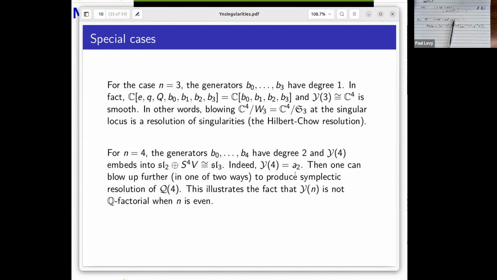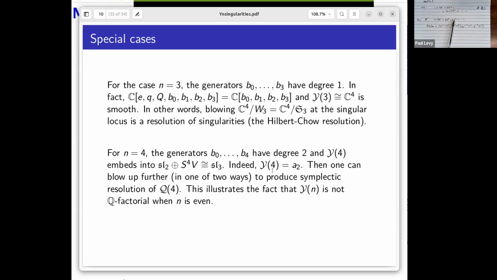And so for the minimal nilpotent orbit closure in A2, there are two ways of resolving singularities given by the two conjugacy classes of maximal parabolic. And so we have some further blow-ups, in fact, two possible further blow-ups that will resolve singularities here. But that shows that we haven't necessarily finished.